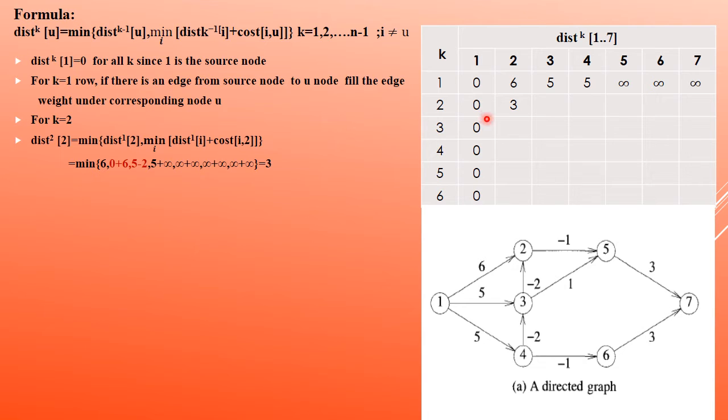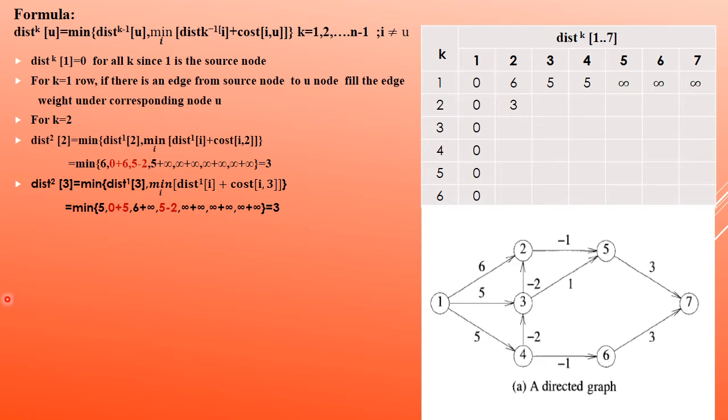Next, we'll find distance 2 of 3. The previous distance of 3 is 5, so I write that, and now we'll find the new distance. An easy way to find the new distance is to see which are all the incoming edges to 3. You are getting them from 1 and 4.